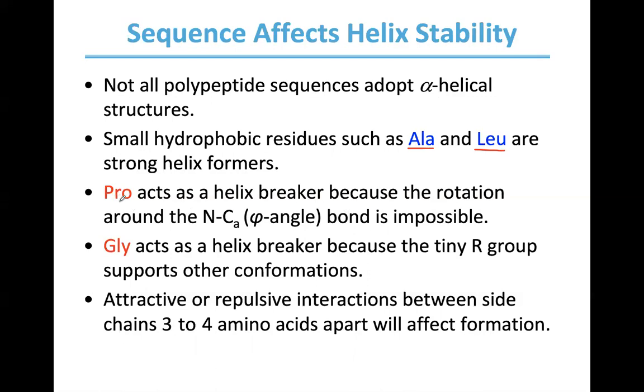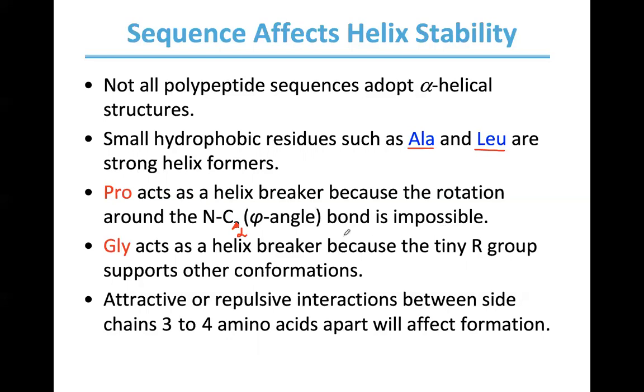Now, proline acts as a helix breaker because rotation around the N-C alpha bond is impossible, right? Because now we have a ring, and a ring will not allow for rotation. It freezes the dihedral angle in one particular place.